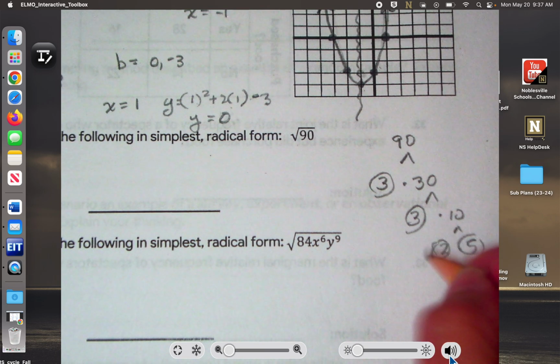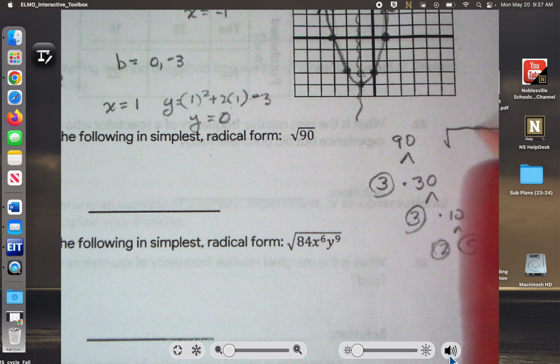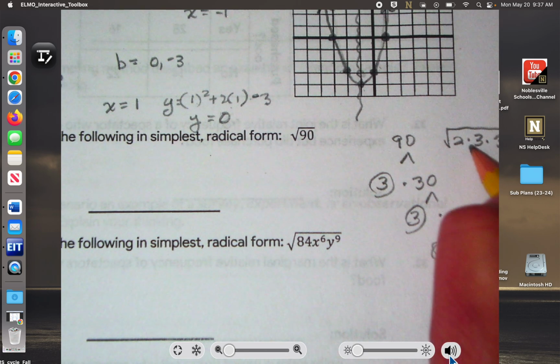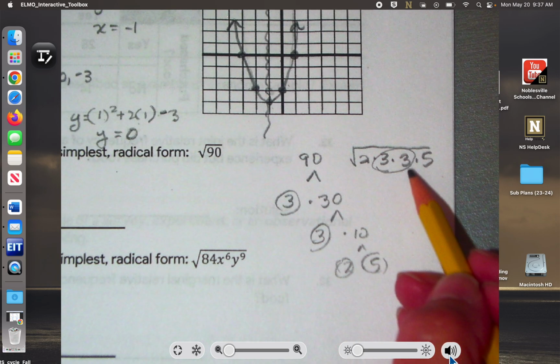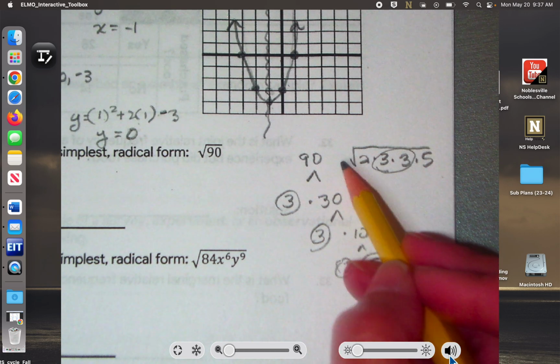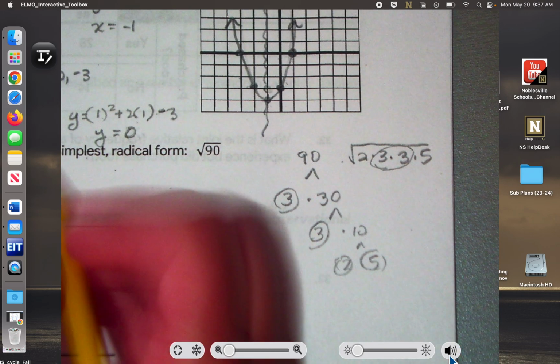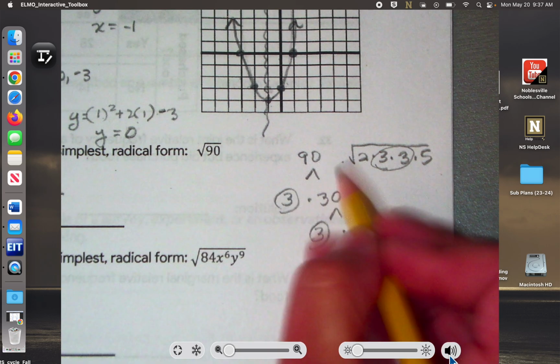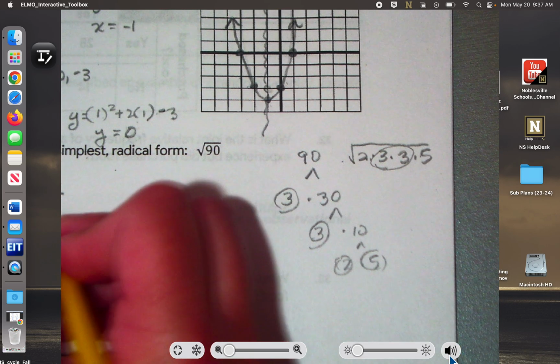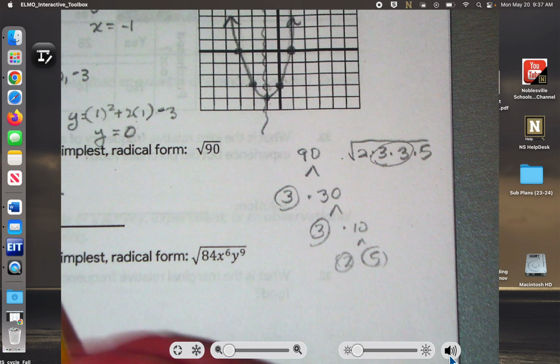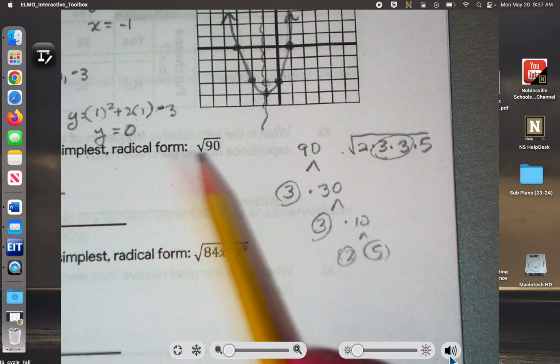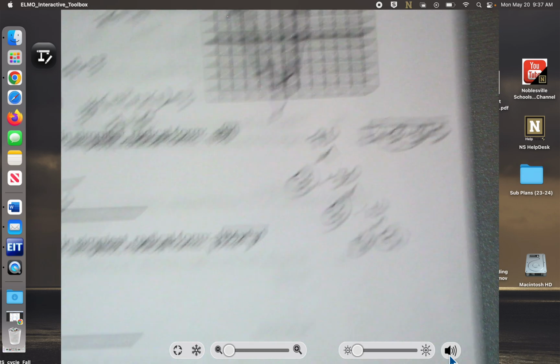So then I write this as square root of 2 times 3 times 3 times 5. I look for the pairs. Where I see a pair, that comes out. So I have a pair of 3s. It comes out as a single number. And then I'm left with 2 times 5. So then 3 square root 10 is how you get the simplest form of square root of 90.